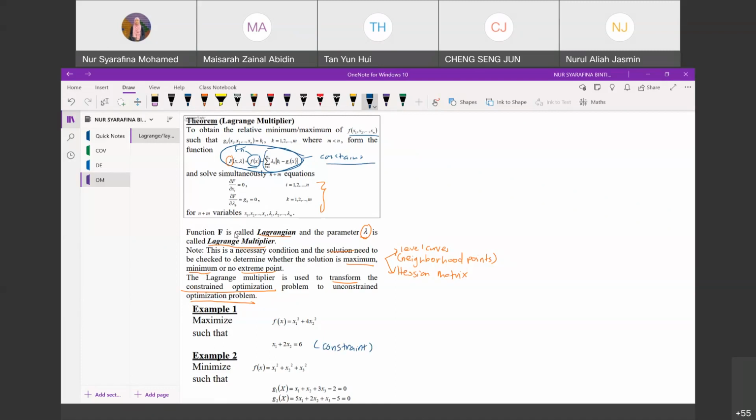F(x, lambda) is a combination of f(x) and the constraint.